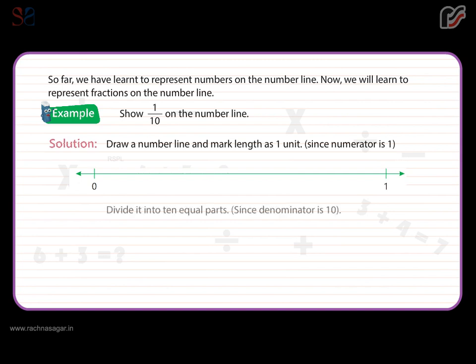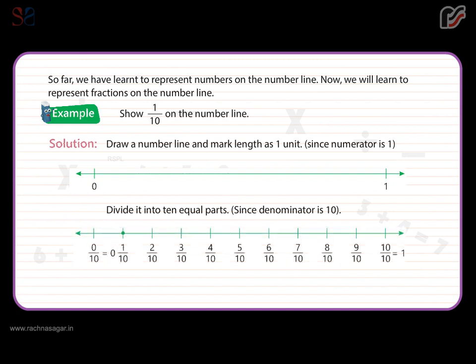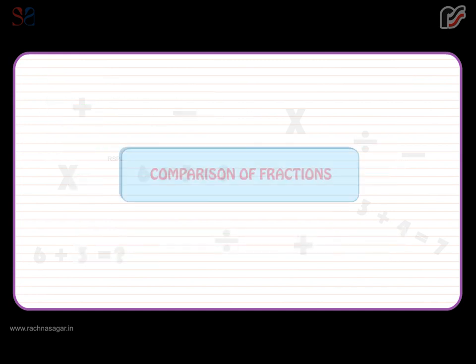Divide it into 10 equal parts, since denominator is 10. 0 upon 10 is equal to 0. 1 upon 10, 2 upon 10, 3 upon 10, 4 upon 10, 5 upon 10, 6 upon 10, 7 upon 10, 8 upon 10, 9 upon 10, 10 upon 10 is equal to 1.